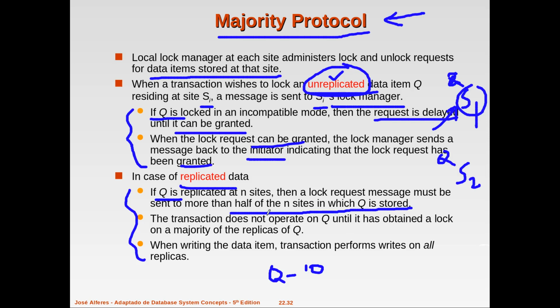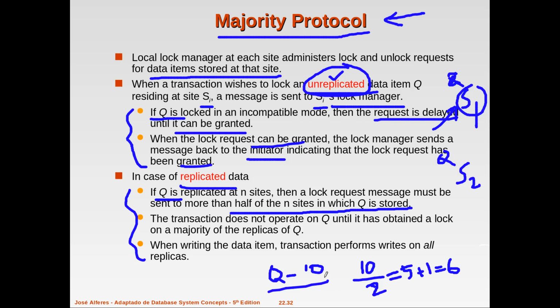Now what this majority protocol does is send the lock request to more than half of the n sites. More than half means 10 by 2, that is 5, plus 1, that is 6. It will send a request to at least 6 sites where a replica of Q resides.